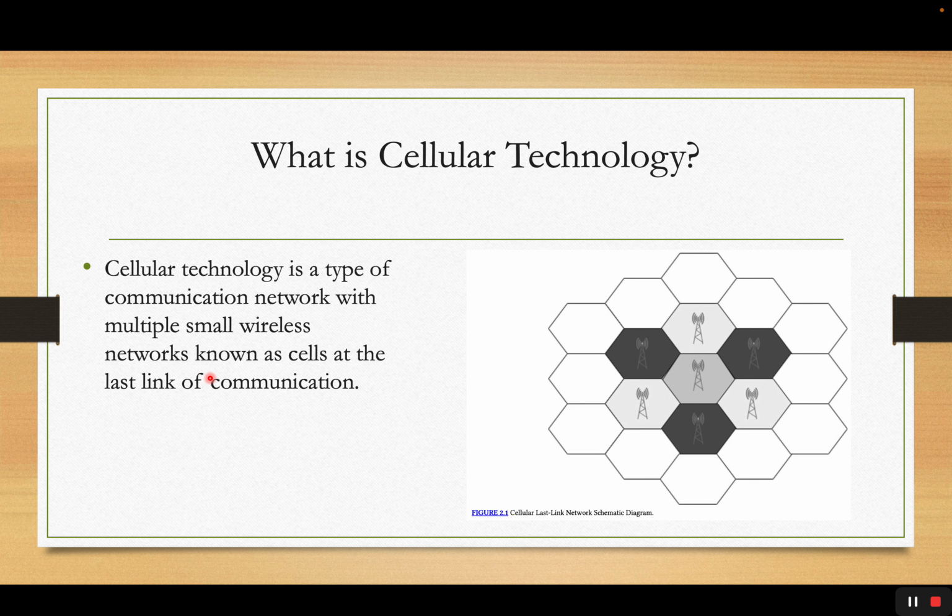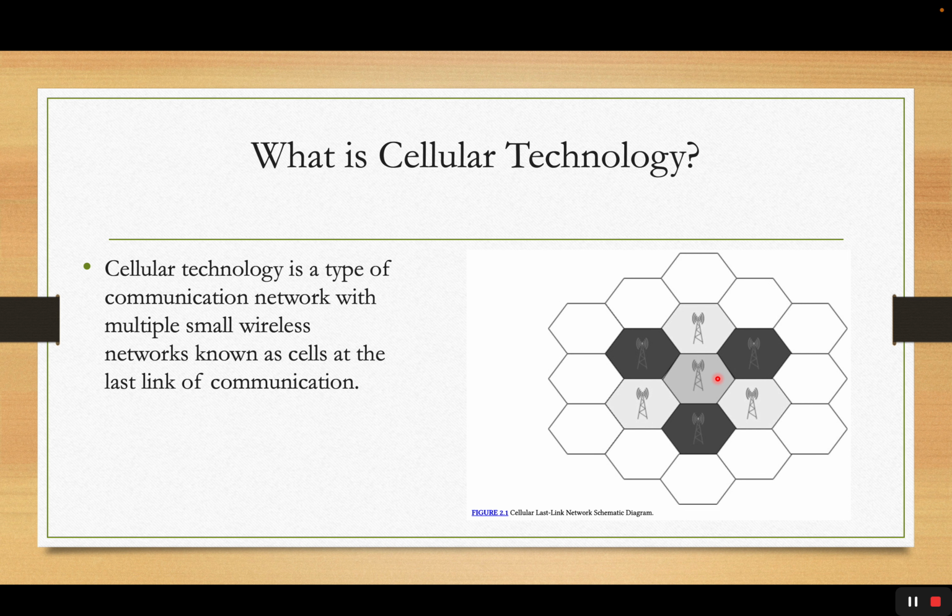Now, cellular technology is basically a type of communication network with multiple small wireless networks known as cells, as you see right here, at the last link of communication. Those last links, or last mile cells, use a specific radio frequency allocated by the communication regulatory authorities.